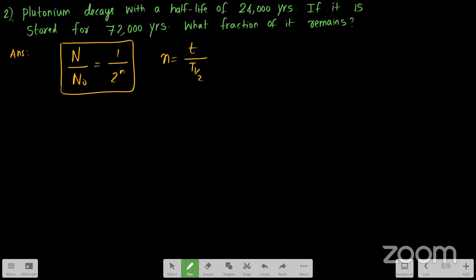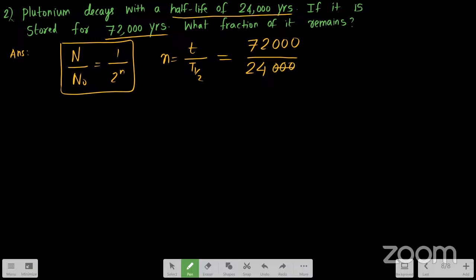We know the value of half-life time. Half-life is given as 24,000 years, and total time t is given as 72,000 years. Let us substitute: t is 72,000 and half-life is 24,000.